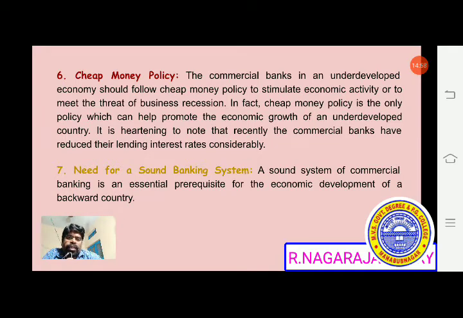So whatever it is, a sound banking system is needed for the establishment of poor people below poverty line, to avoid regional imbalances. So like that we have various prerequisites, so that's why we need a sound banking system.